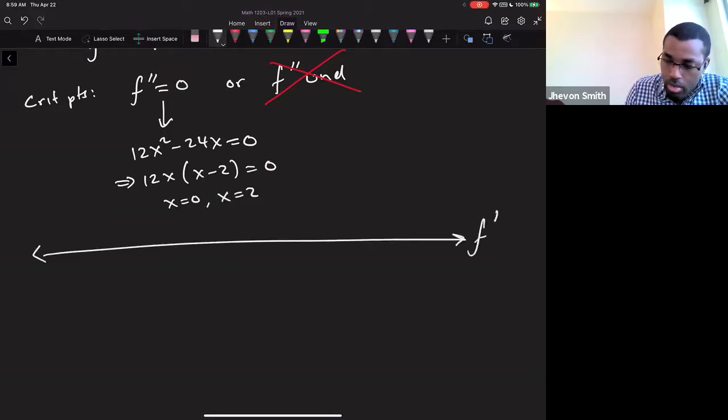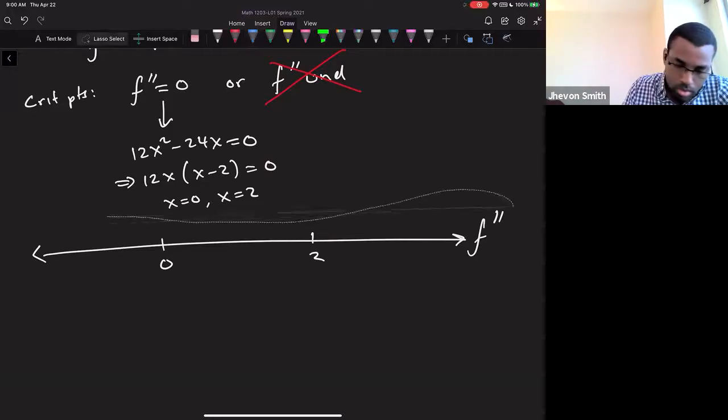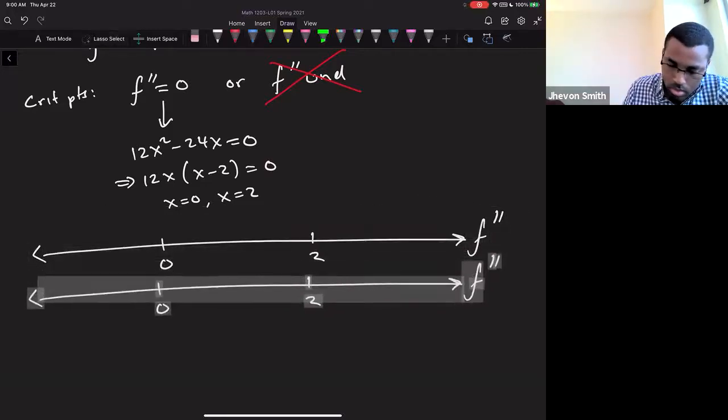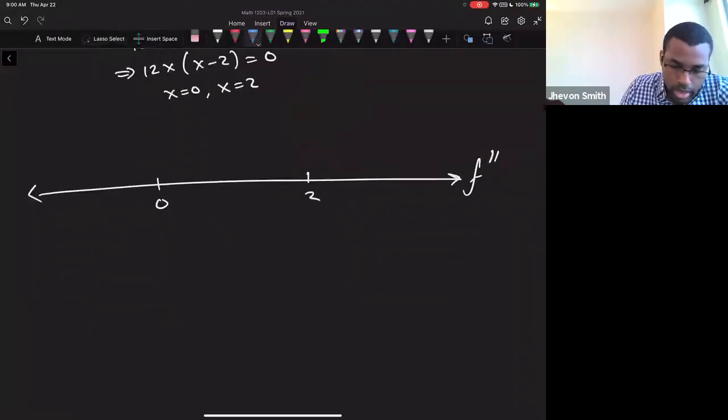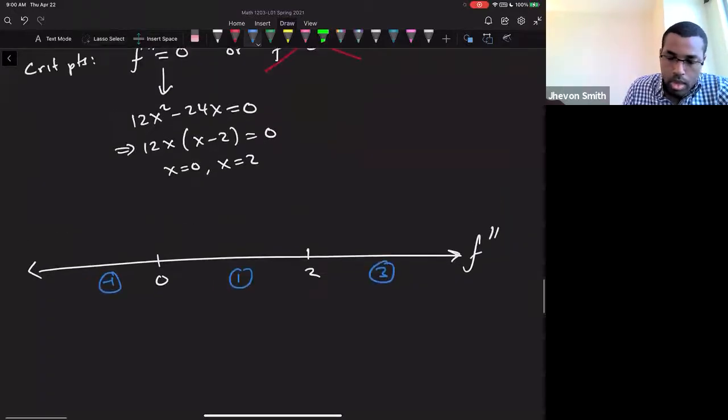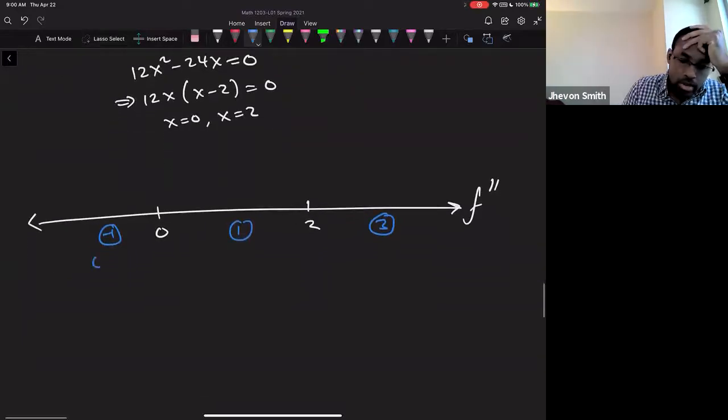I'm going to plot that on a number line for the second derivative. Plug in random numbers, say like -1, 1, and 3, into the factored form. Plug in -1 into 12x, you get a negative.